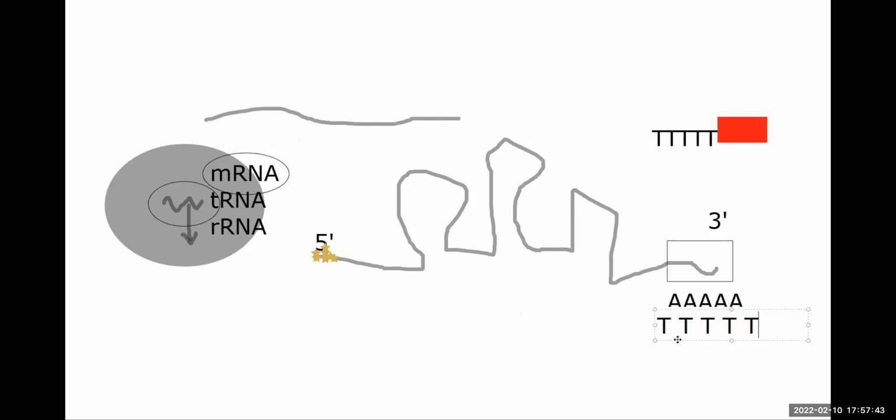So the T will bind to the A tail, and this T is with a resin, which means this particular mRNA becomes attached to a resin. So you can take it in a tube.